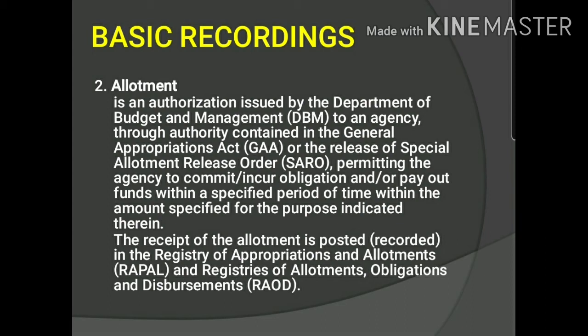Now the GAA already serves as the authority of government agencies to incur obligations, except for certain items in the GAA that require fulfillment of certain conditions before they can be released.